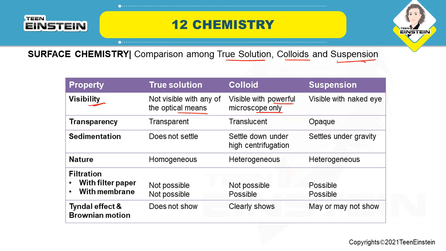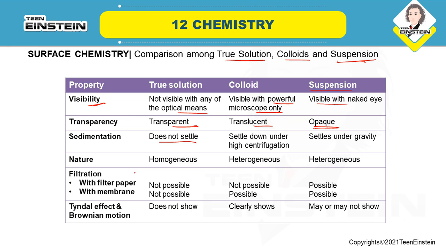And in case of suspension, as the particle sizes are large compared to true solution and colloid, you can visualize them with the naked eye. Transparency. A true solution is transparent, a colloid is translucent, that is, intermediate between transparent and opaque, and a suspension is completely opaque. Sedimentation.